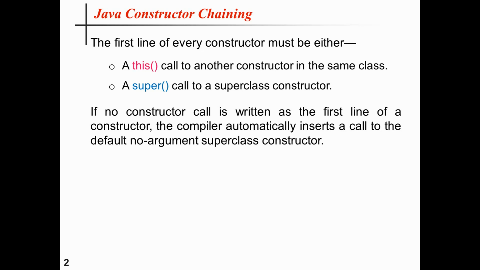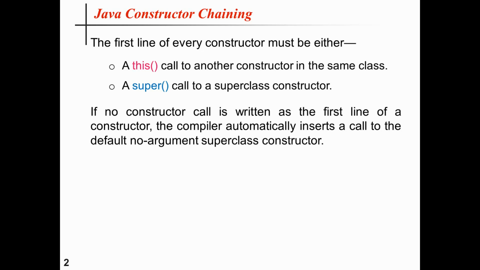But with the addition of the parenthesis, this followed by the bracket symbol tells that it is basically a particular constructor in the same class, while super followed by the parenthesis will indicate a particular superclass constructor. So that is the idea to be used here.